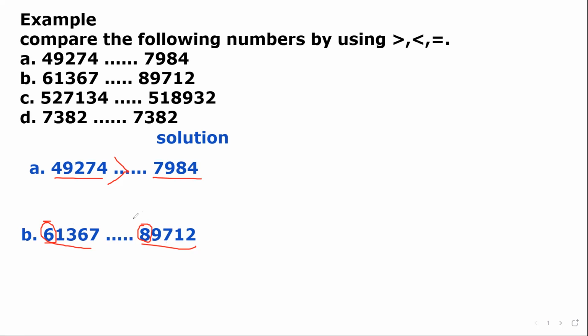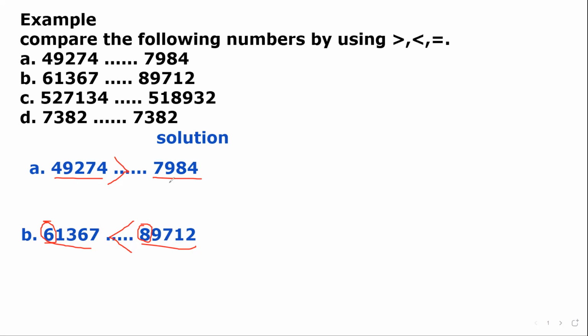Then you put your sign here, which means that 89712 is greater than 61367. Okay, good.